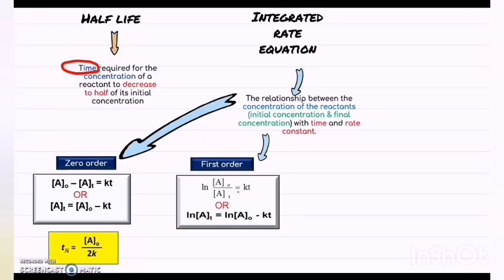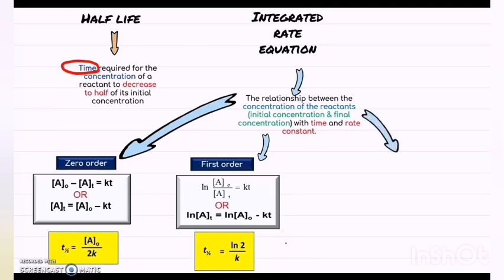Next is first order. This is the equation that you have to remember as first order: ln A naught over At equal to kt, or we can rearrange it as ln At equal to ln A naught minus kt. And we will get our T half equal to ln 2 over k.